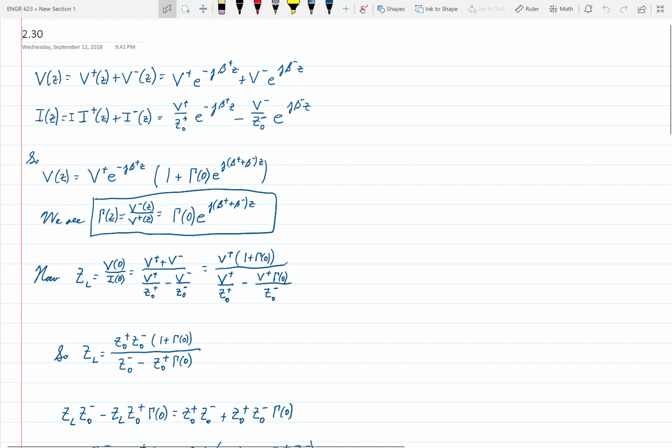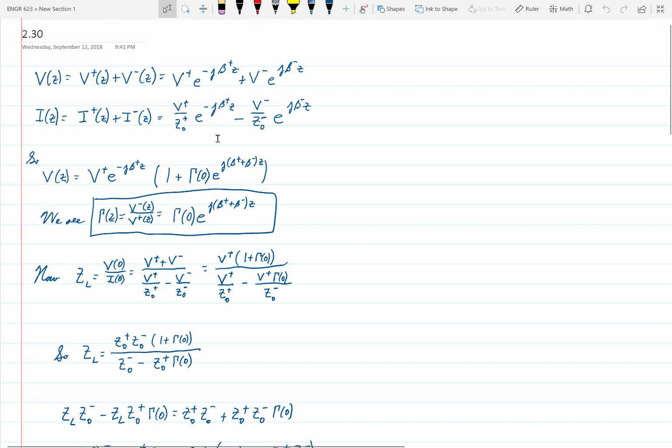Similarly, the current will consist of I plus of Z and I minus of Z. The current associated with the forward traveling wave will be the voltage associated with the forward traveling wave divided by the characteristic impedance associated with that forward traveling wave, which is Z0 plus in this case.